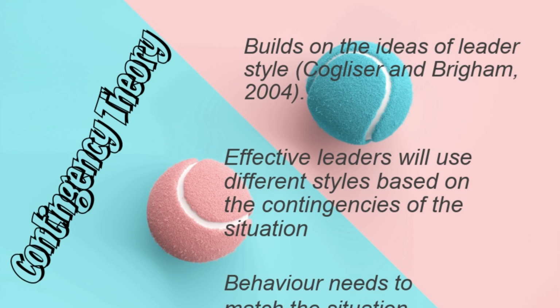Contingency theory builds on the idea of leadership style, but with an important twist. It argues that there is no single best way to lead. Instead, effective leadership depends on the context, the contingencies of the situation. That means a leadership style that worked well in the past may not be effective today. The success of a leader isn't based on using a universally ideal style, but rather on using the right style for the specific situation.